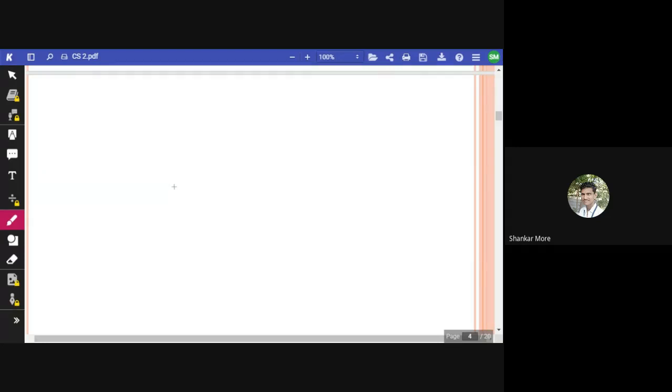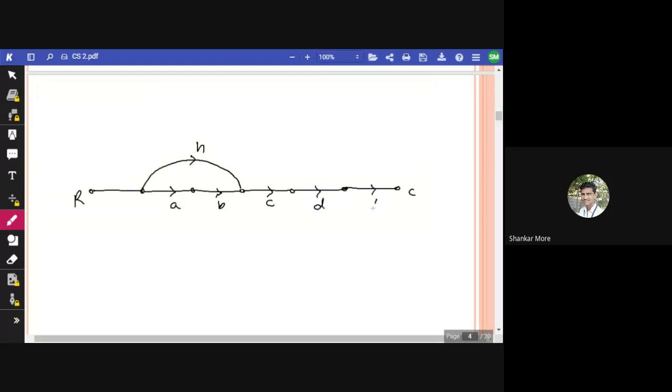Okay, 1 2 3 4 5. We have 5 nodes here, and this is the output node. This is input R, and we have from first node to third node, this is H. This is A, B, C, D. Again, we have one self loop here.